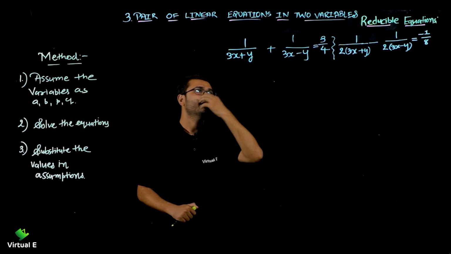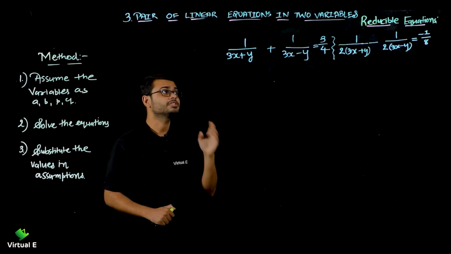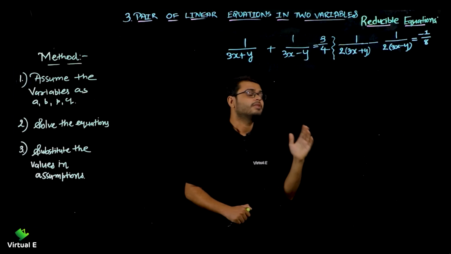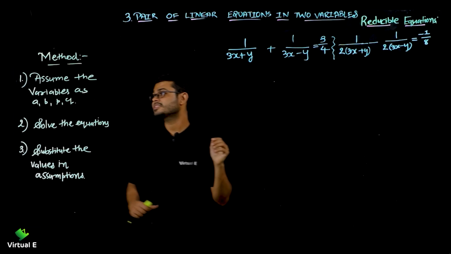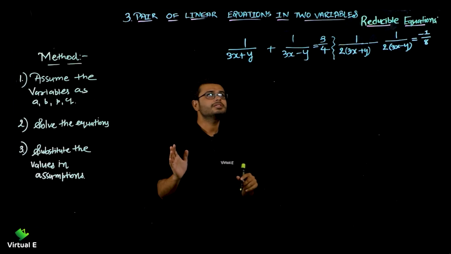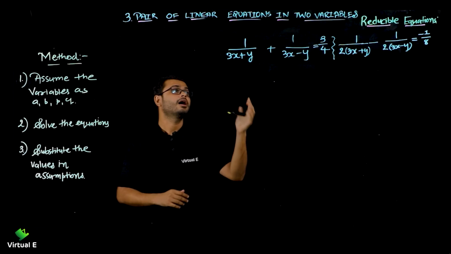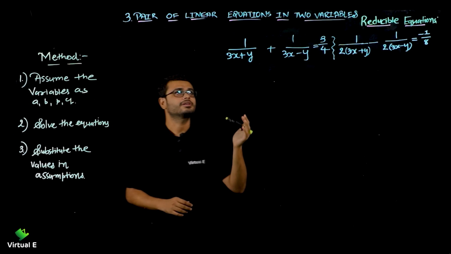So 3x plus y and 3x minus y. It is very confusing what we are going to assume. So think about how we will start with this sum. The first step is to assume the variables as a, b, p, q. Now the variables depend on you, but how do you assume them? That's very important, right?